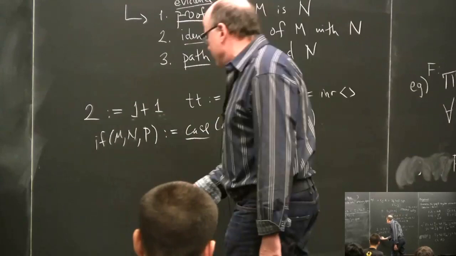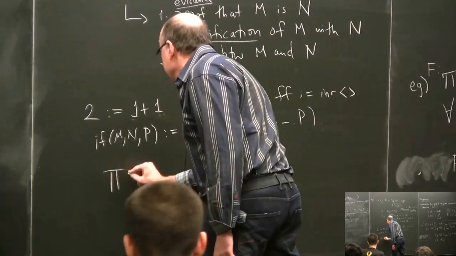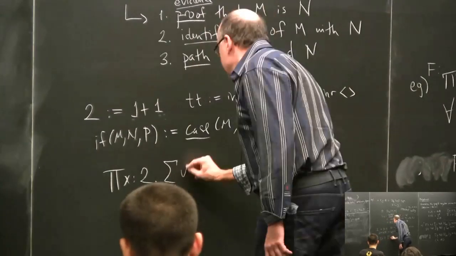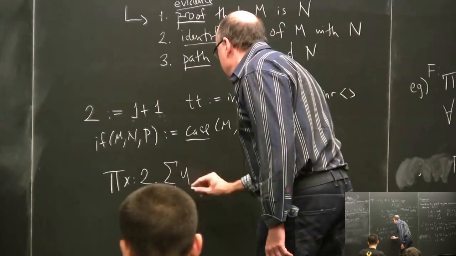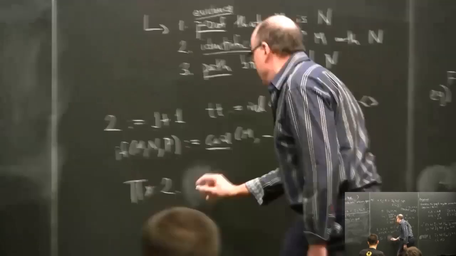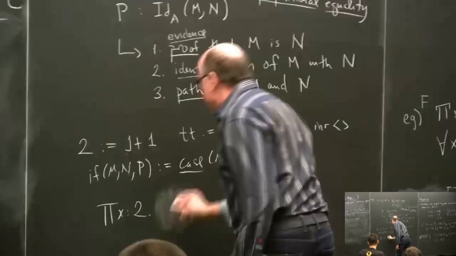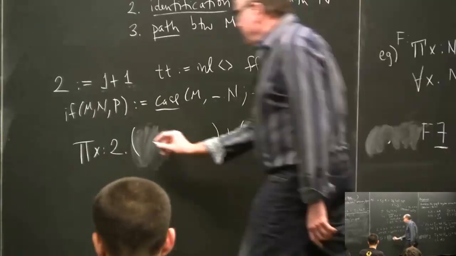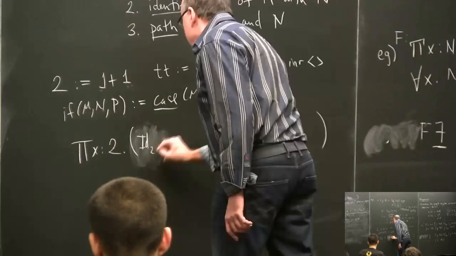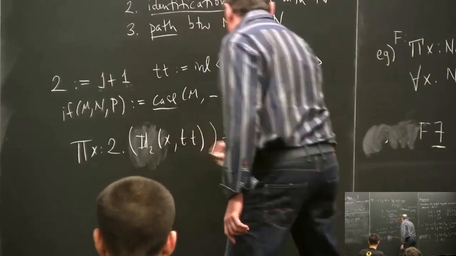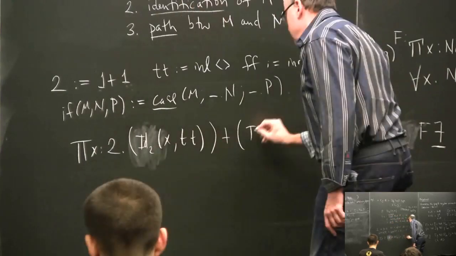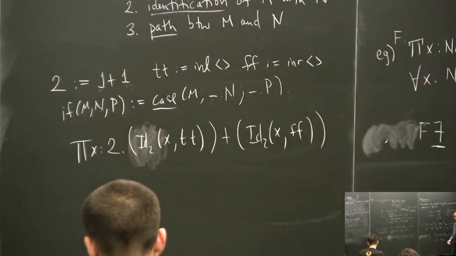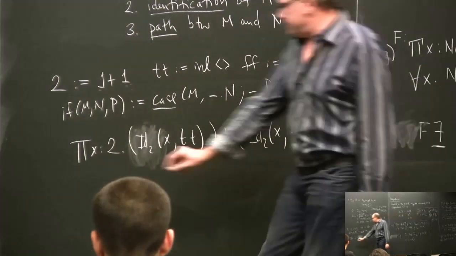I might want to prove, for every x in 2, this is a nice motivation for what I want to do, either x is true or x is false. So that's a trivial but reasonable thing to prove. I might want to prove this as a theorem.